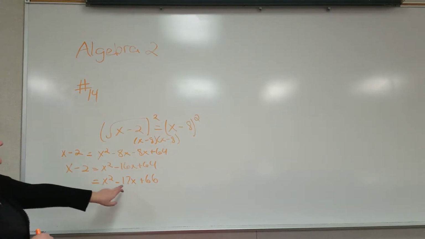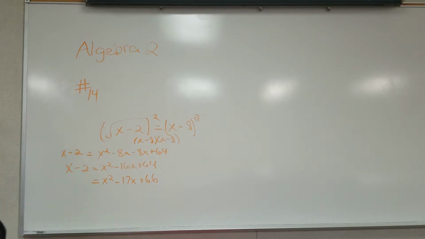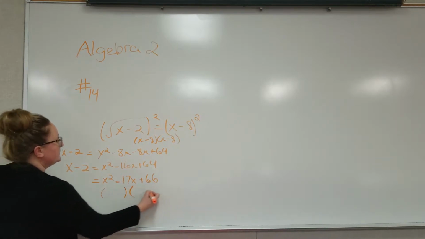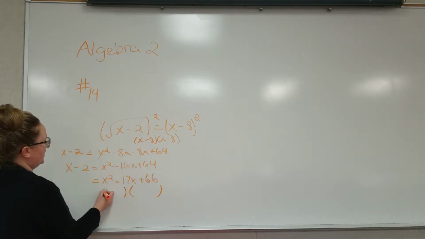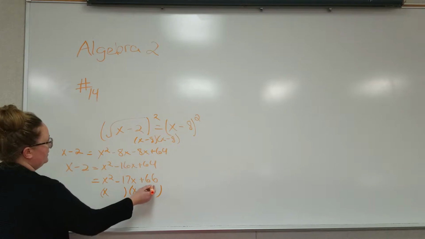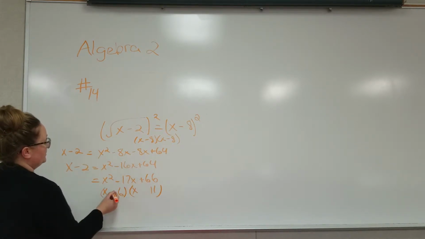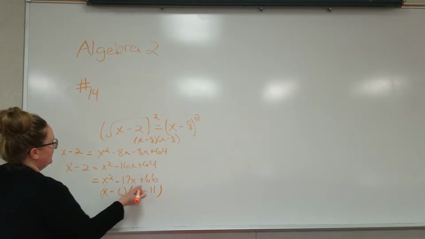And 6 and 11 will add or subtract to 17. 11 plus 6 is 17. So we can just factor this into two binomials. The factors of x squared are x and x, they go here. And then we know it's going to be an 11 and a 6, and it's negative and positive, so that means they're both going to be negative.